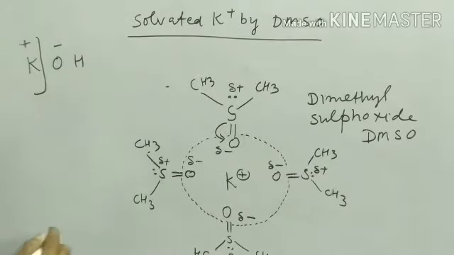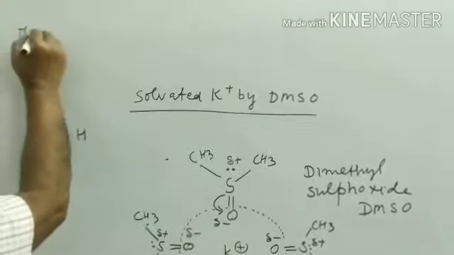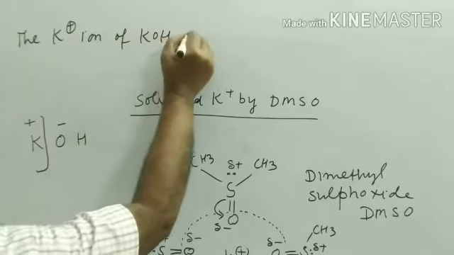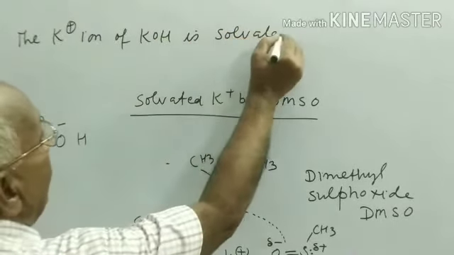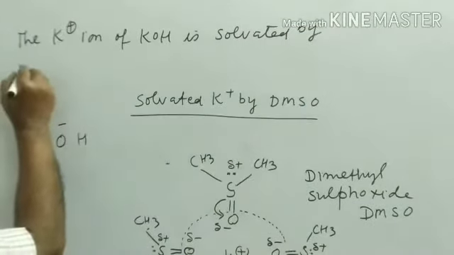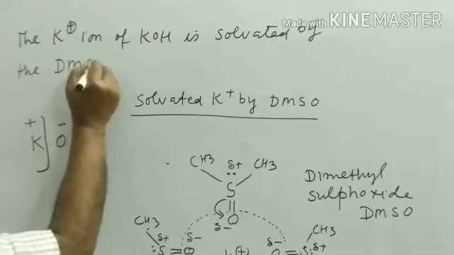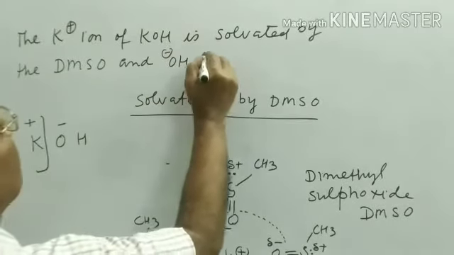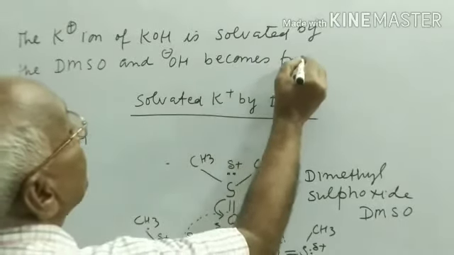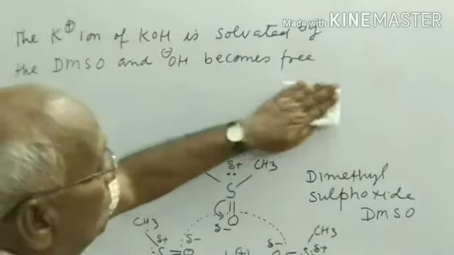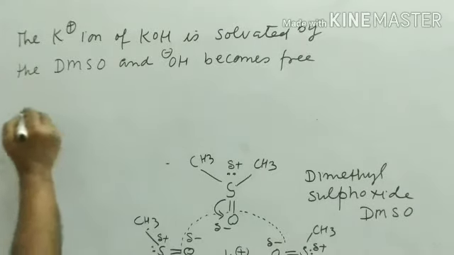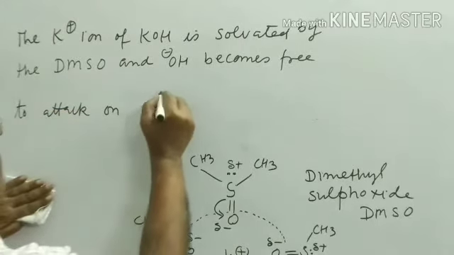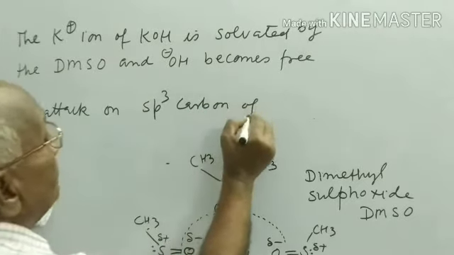So, you can write that the K plus ion of KOH is solvated by the DMSO and hydroxide ion becomes free to attack on the sp3 carbon of methyl bromide.